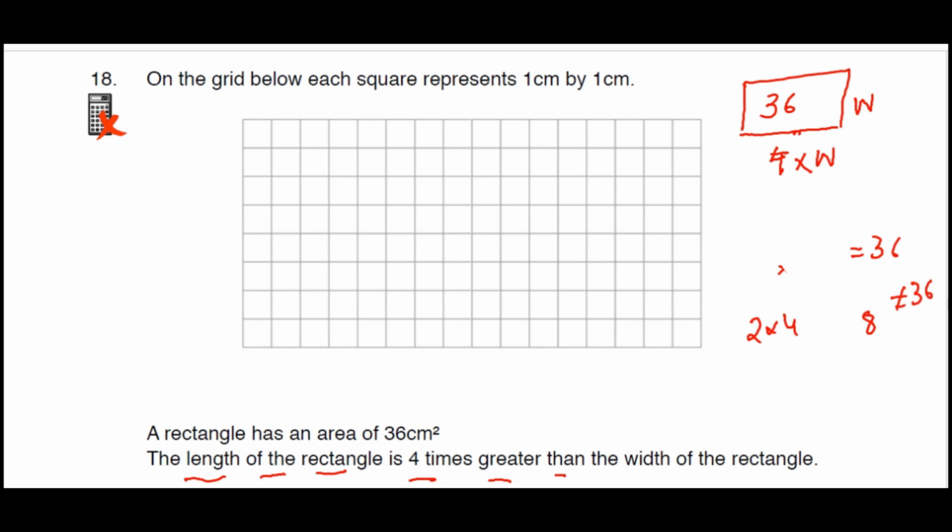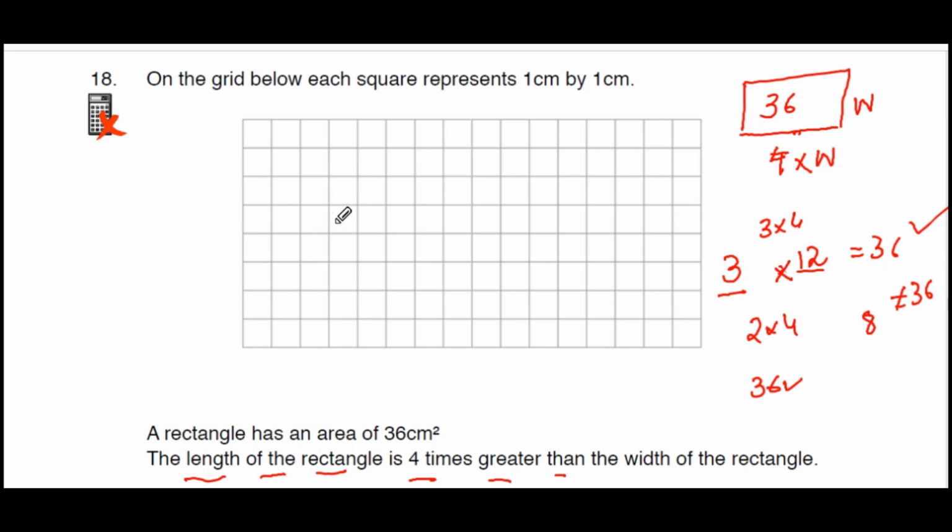For example, we can take 3 as the width, and 3 times 4 will be the length, that is 12. So 3 times 12 is 36. It means that this is the correct answer. So the width and length are 3 and 12 respectively.